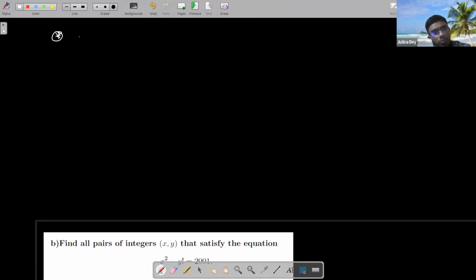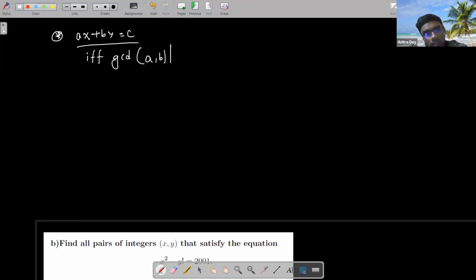If you have a linear equation like ax plus by equals c, this equation admits a solution if and only if the GCD of a and b divides the number c.